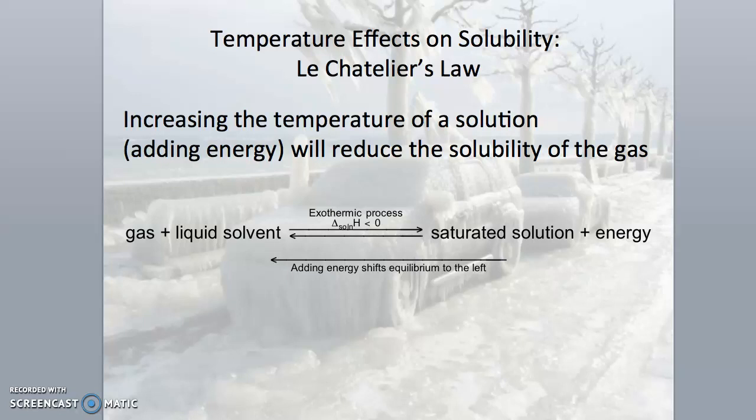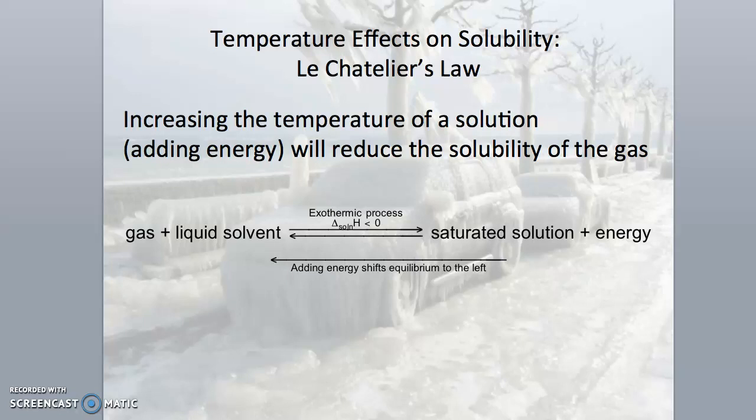We said it's an exothermic process, so the delta H is less than 0. It's negative. That means we can write energy as a product in this reaction. If I add heat, this equilibrium is going to say, geez, I've got too much energy. I need to run in the other direction, get that energy back down where it needs to be. That's going to shift the equilibrium to the left, making more gas and liquid, depleting some of that saturated solution.